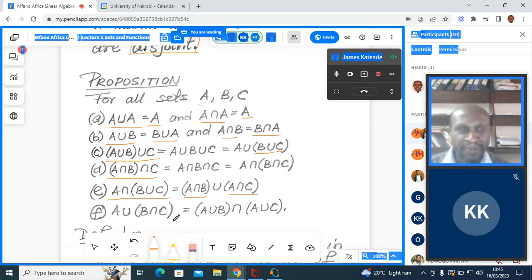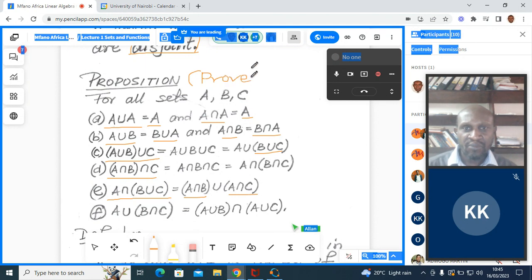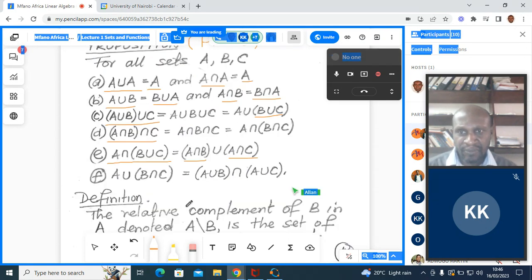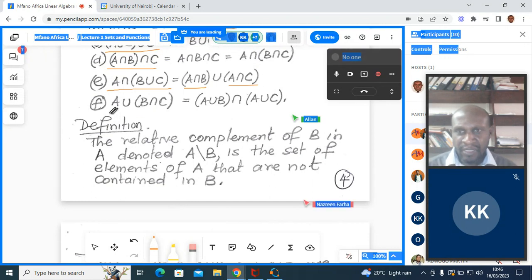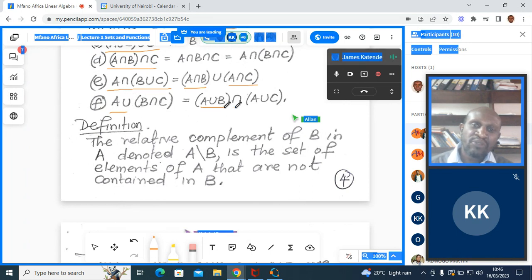We will not prove them here because this is not our focus, but it's a good exercise for you to prove them in your own time. So also the union is distributive over the intersection. So if you have a union out here, it is distributive over the intersection of the two sets.